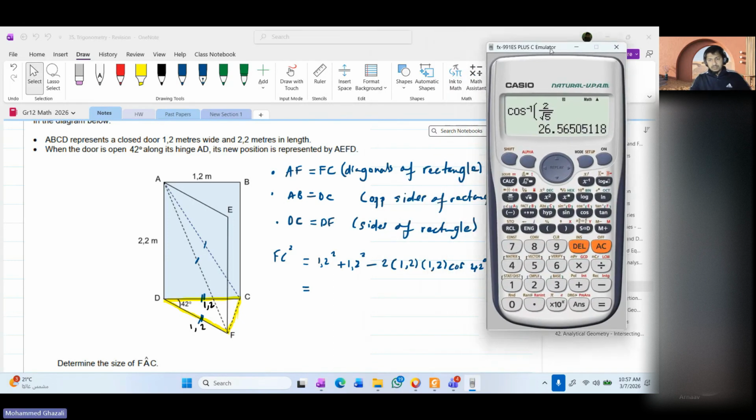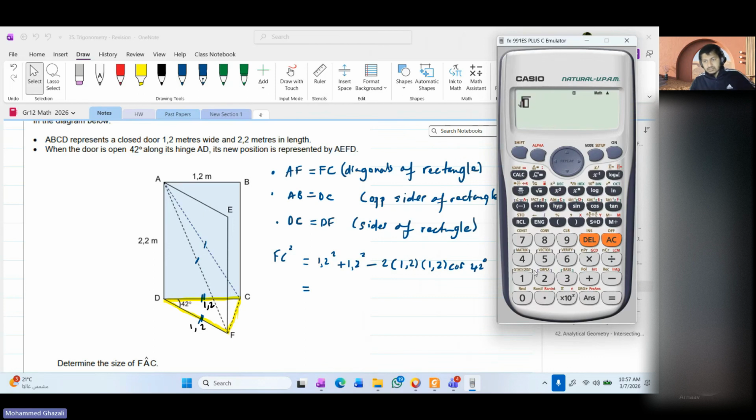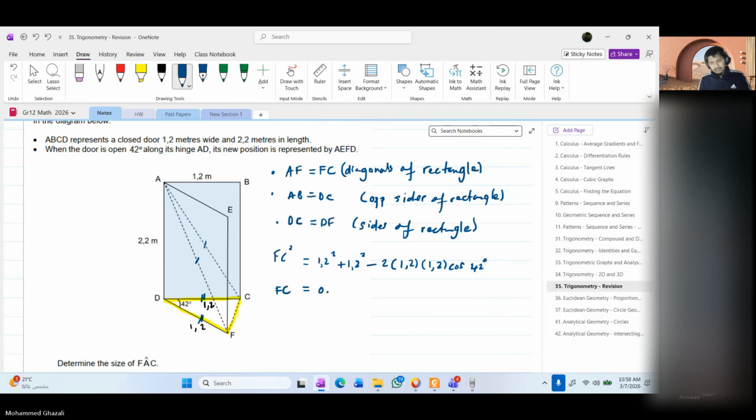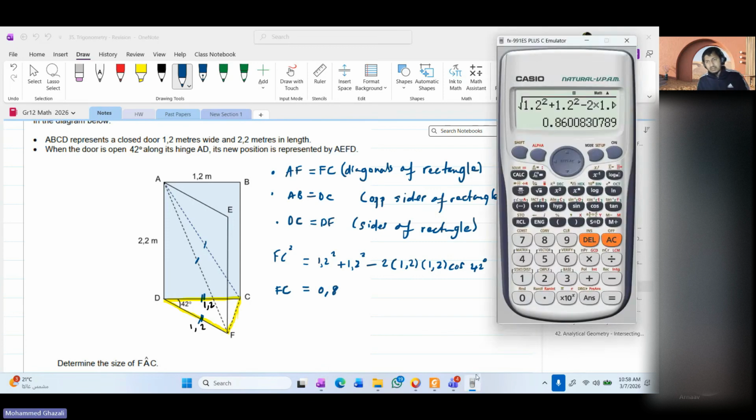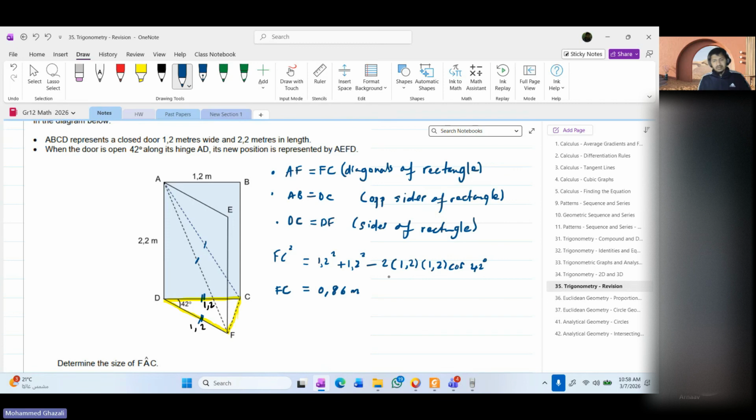So that's 1.2 squared plus 1.2 squared minus 2 times 1.2 times 1.2, cos 42. And the square root of that is going to give us 0.86 meters. Right, now, that is 0.86 meters.